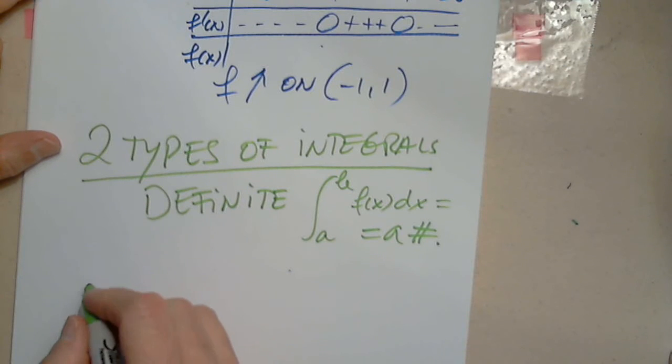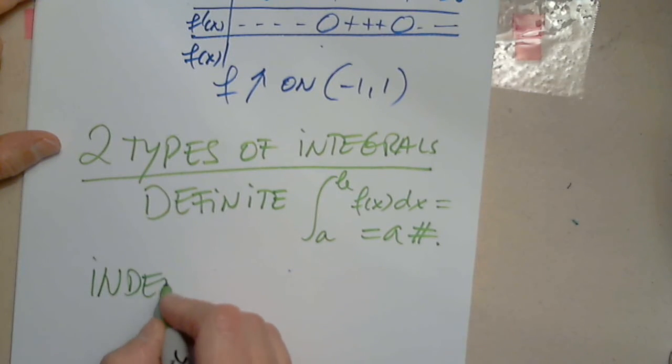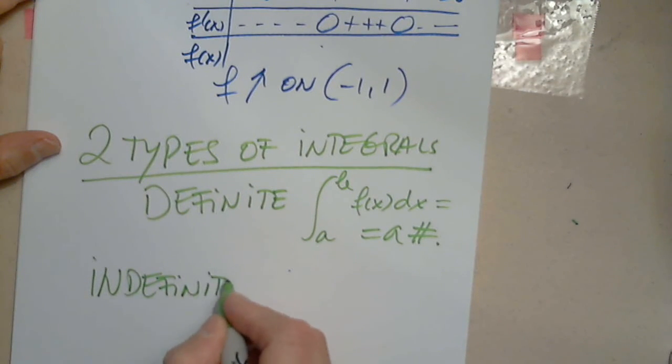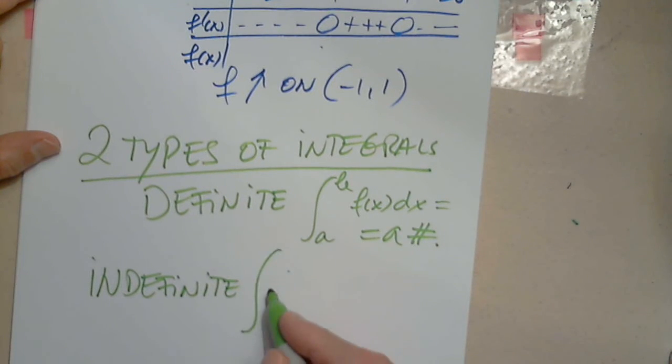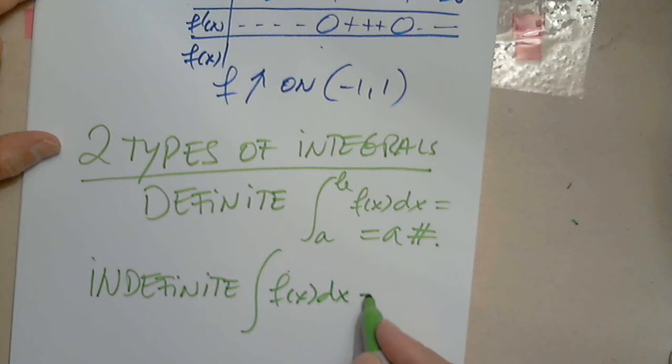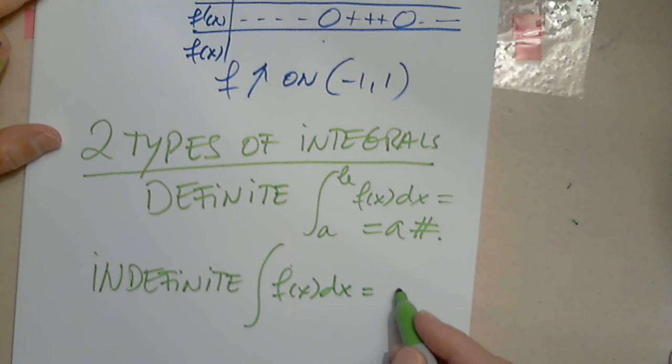The second type is what is called indefinite. It does not have limits of integration. It's the integral of f of x dx. It will never be a number, but a family of functions.